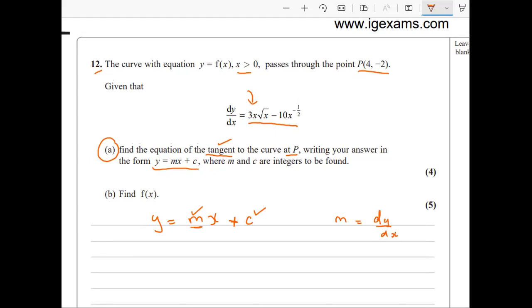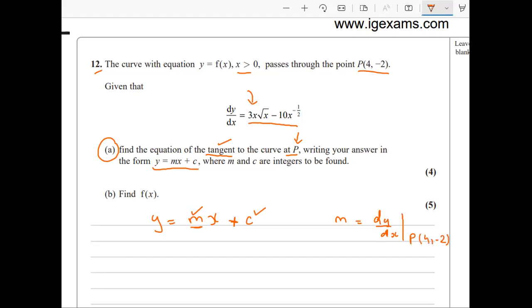And in order to find the exact value, we will use this point because we are interested in finding out the tangent at point P. So we want the gradient at point P. So the gradient at point P would be calculated by dy by dx at point P, (4, minus 2).